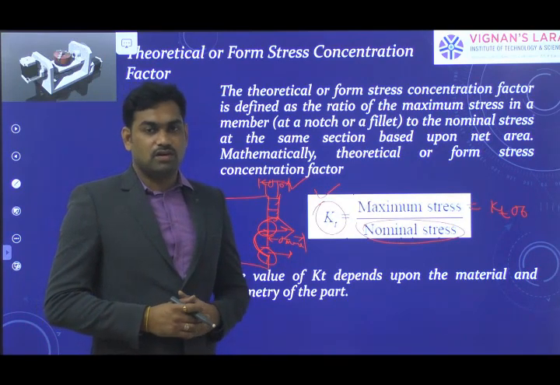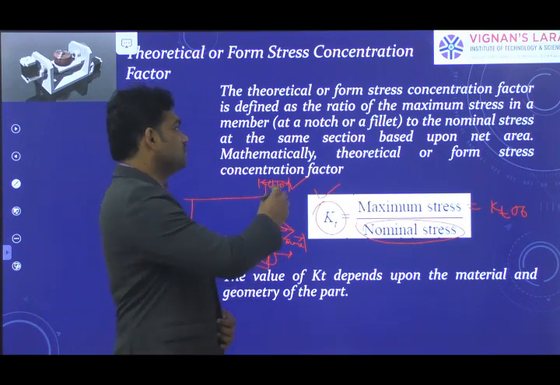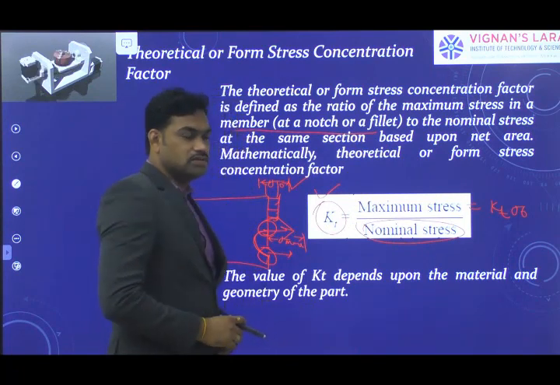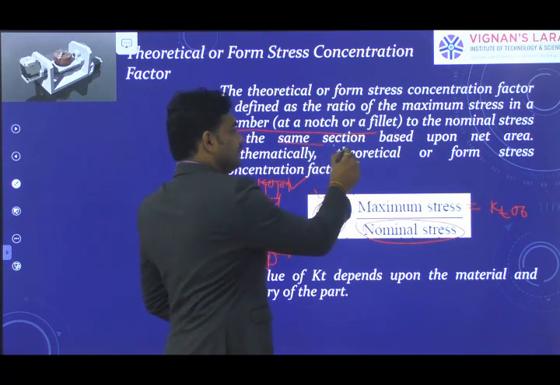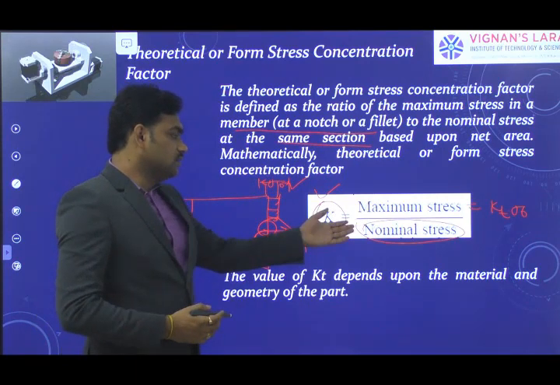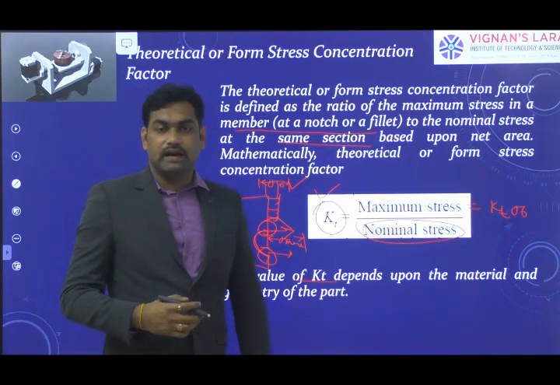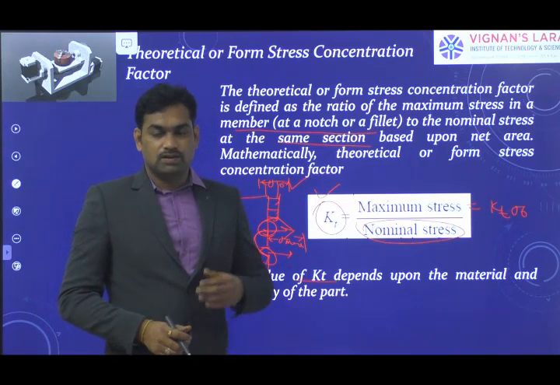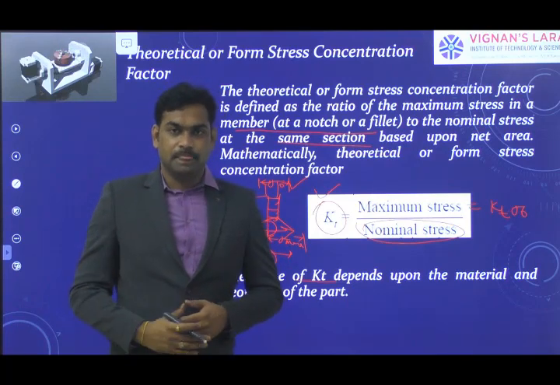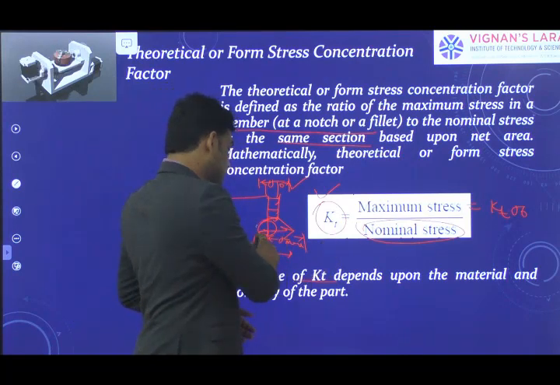Here, this stress concentration factor we call the theoretical stress concentration factor. It is defined as the ratio of maximum stress near the notch or a fillet to the nominal stress at the same section, based upon the net cross section area. It is denoted by Kt and depends upon the material as well as the geometry of the part. Whenever we know Kt, we are able to find the maximum stress induced at this junction.